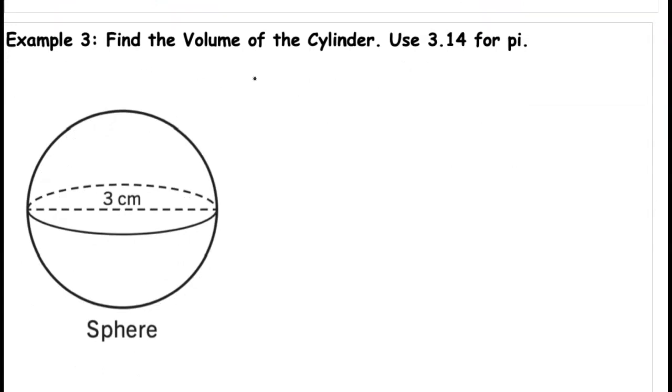So the volume of a cylinder formula goes like this. Volume is equal to 4/3 pi r to the power of 3. Now let's go ahead and analyze our picture right here. So I do have a 3 measuring the distance from one end of the sphere passing through the center all the way to the other end of the sphere. So I know this is a diameter.